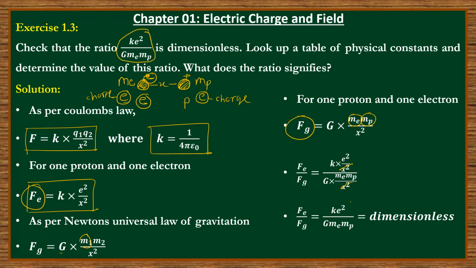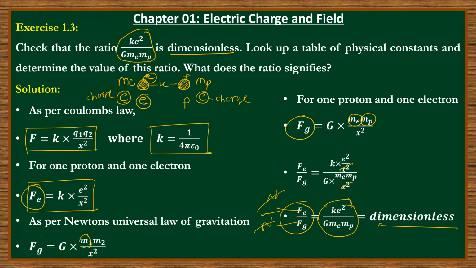This we have to show is dimensionless. This is a force in Newton, this is also a force in Newton. So Newton by Newton is unitless, and unitless means dimensionless. So this value is dimensionless. Got it? So the first answer we have got.